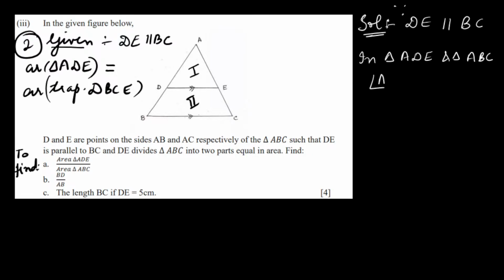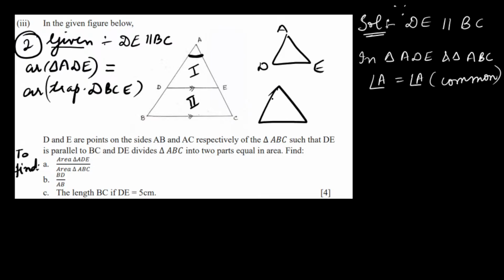So angle A is equal to angle A. This is a common angle, because it's coming in both the triangles. Angle A is in triangle ADE, and it is fully present in triangle ABC also. So that's why I am considering it as a common angle.